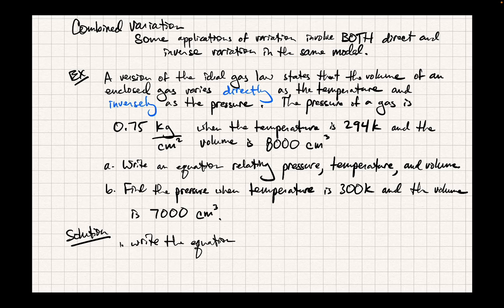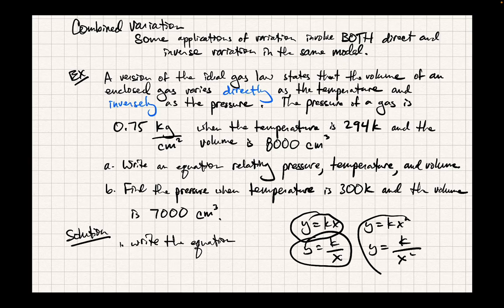Do I want an equation that looks like y equals kx, or its close neighbor y equals kx to the n? What you want is y equals k over x to the n. Up to this point we did direct and inverse as an nth power of x.